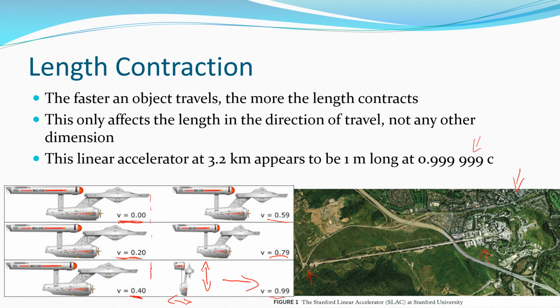That's what we're talking about with relativity. Everything's relative to your frame of motion. Here at rest sitting on Earth, you can see it's 3.2 k's long. But if you were traveling as a particle at 0.999999 the speed of light, that pathway appears to be 1 meter long to you. That's length contraction for you in the real world.